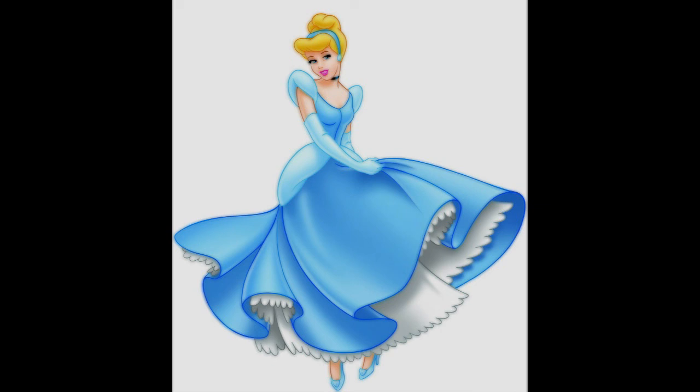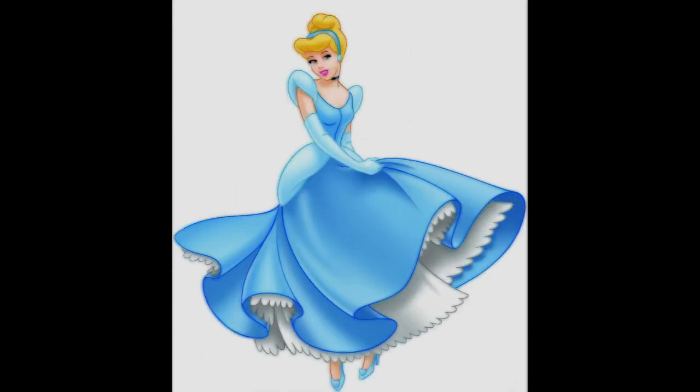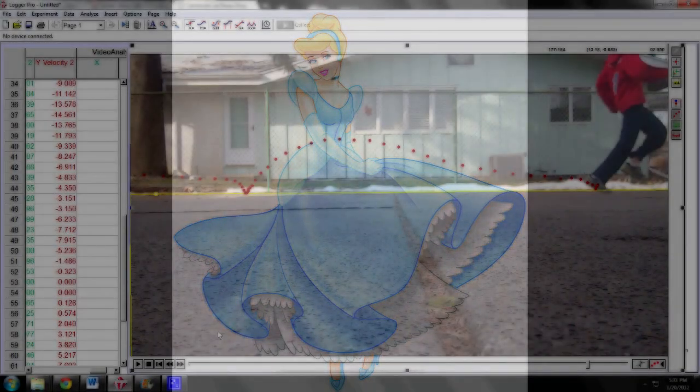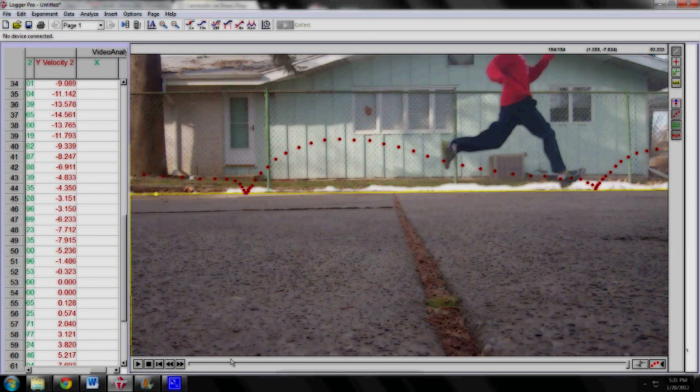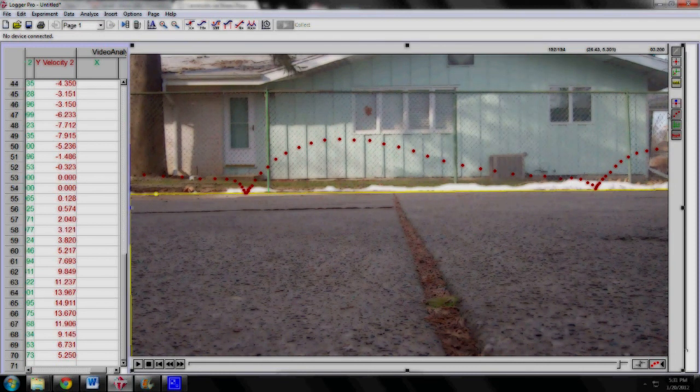We decided to analyze the story of Cinderella in terms of forces, but we had to have a little help from the program known as Logger Pro 3. Logger Pro is an award-winning data collection and analysis software that can be used for both Windows and Mac computers.